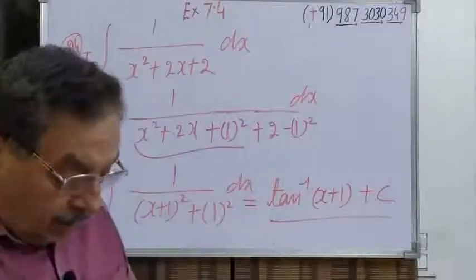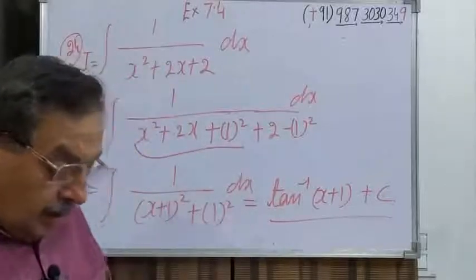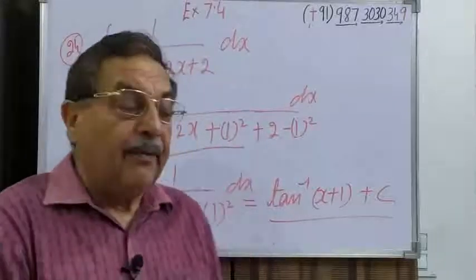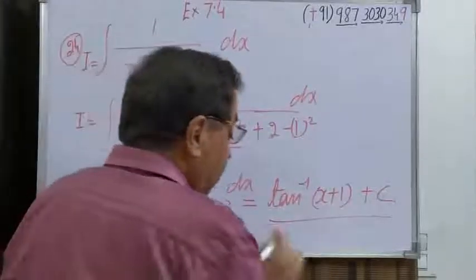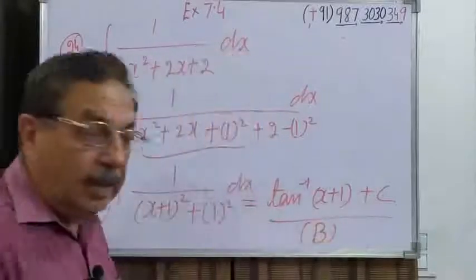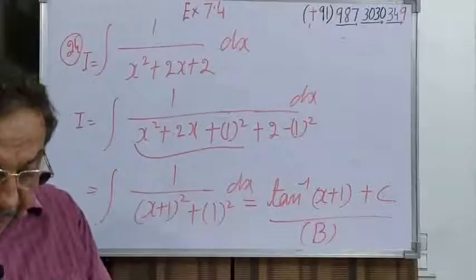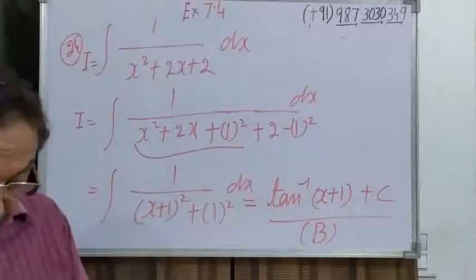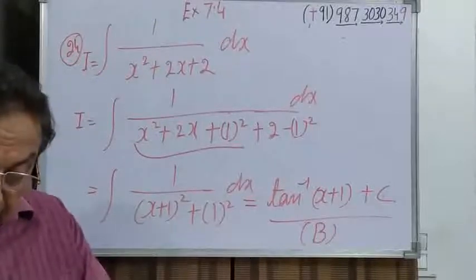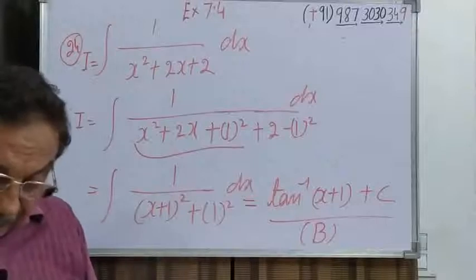It was an objective type question, and which answer must be correct? The B one. In the MCQ, the correct answer comes to be B. Now you see, this is how we are able to solve exercise 7.4.